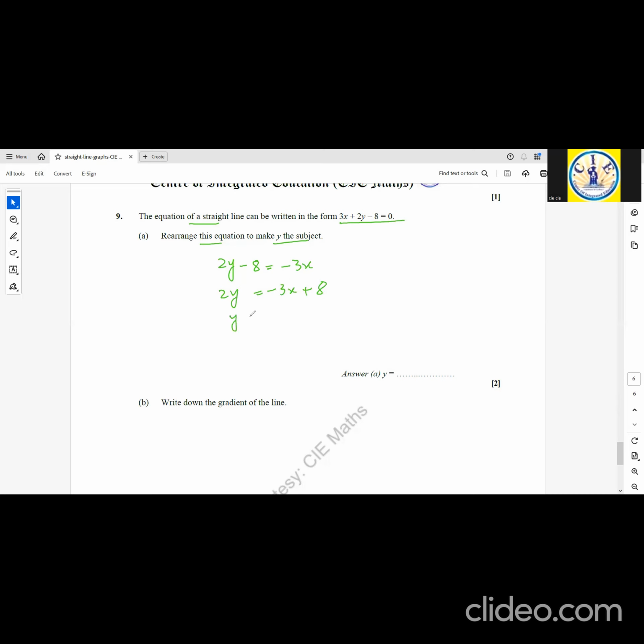And then I'm dividing both sides by 2. So y is equal to -1.5x plus 4. So that is the required form of the equation, making y the subject of the formula.